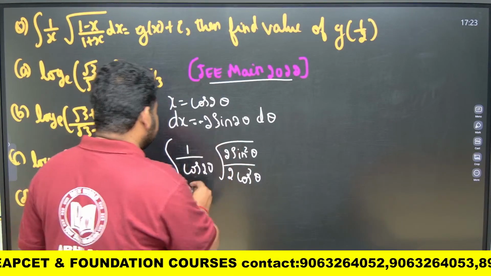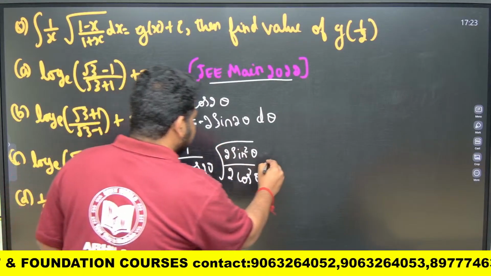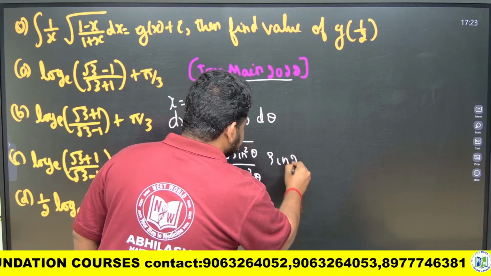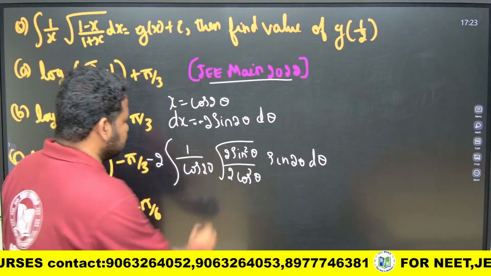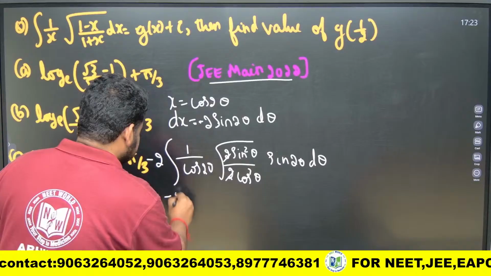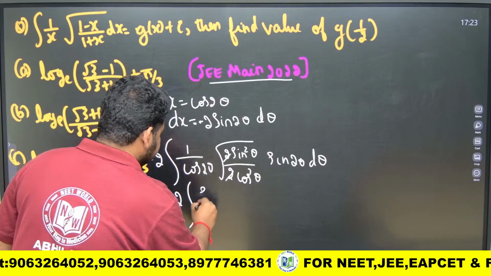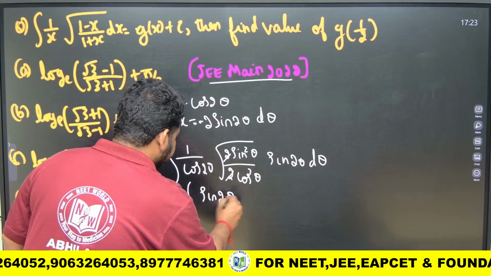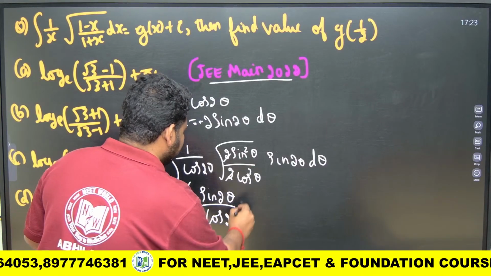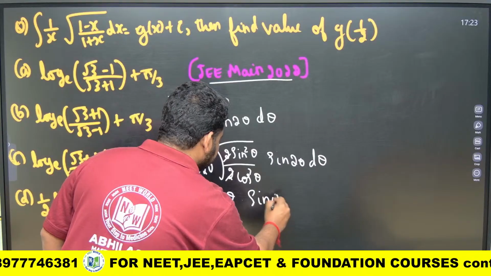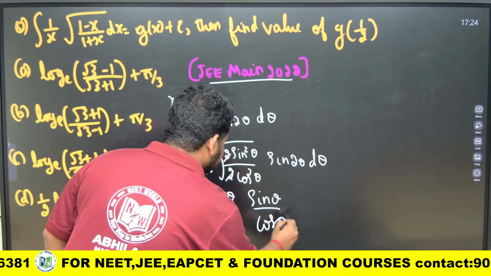And I have minus 2 sin 2 theta d theta. If I bring this outside, the 2 cancels, and I will have minus 2 times sin 2 theta divided by cos 2 theta into sin theta by cos theta.